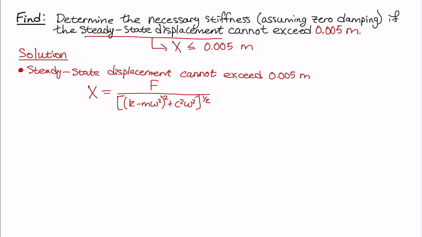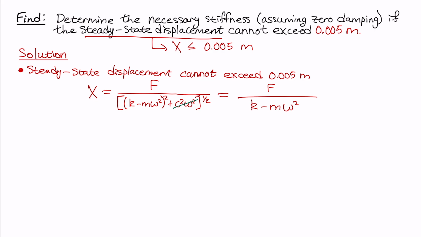We're not going to worry about the phase phi because we only care about when the displacement reaches its maximum value. We don't care when it reaches that maximum value, just that it does. So we don't need to worry about the phase. Next, we have no damping, so we can eliminate that second term. Then big X is equal to big F divided by M omega squared, because we're taking a square root of a square, so we can eliminate those two.